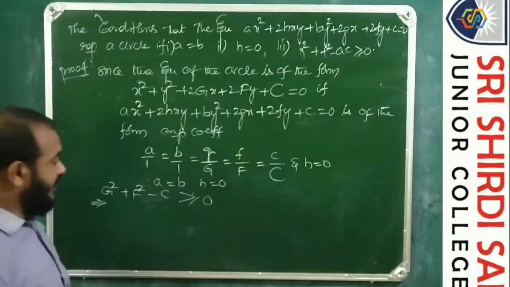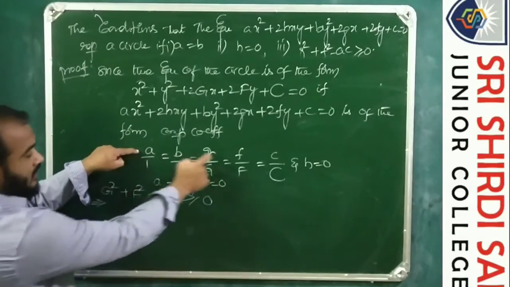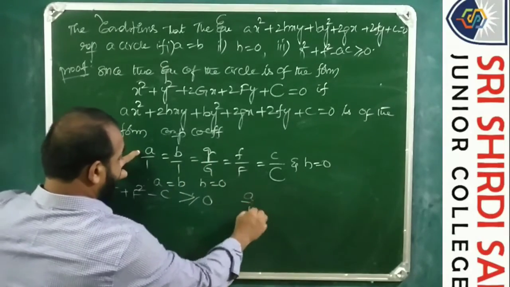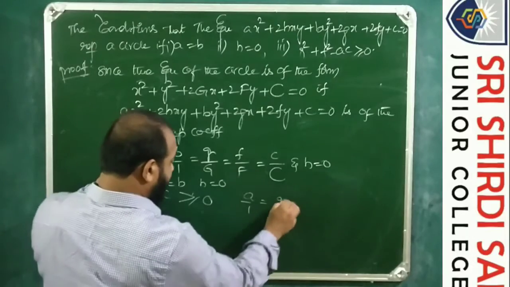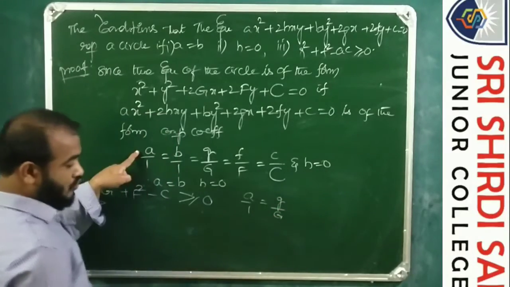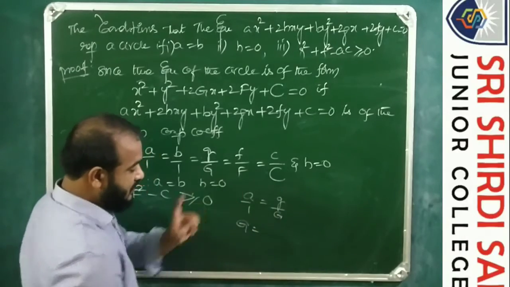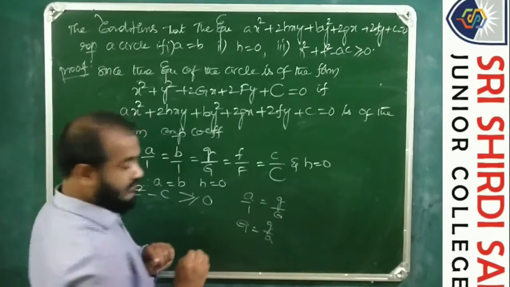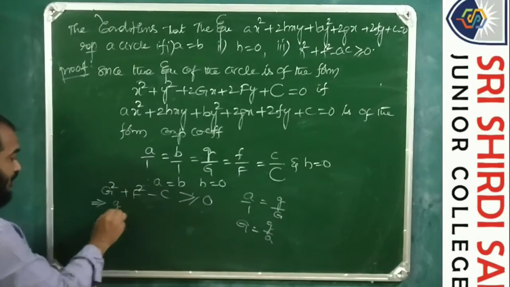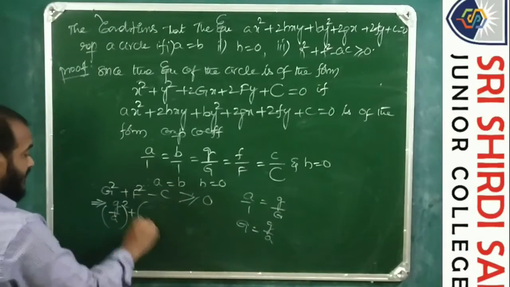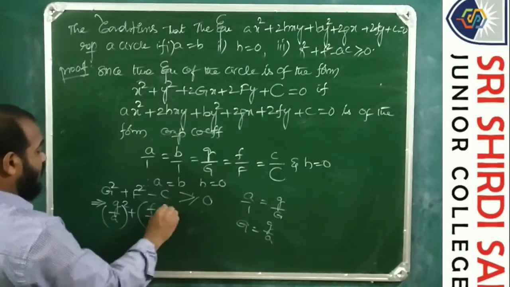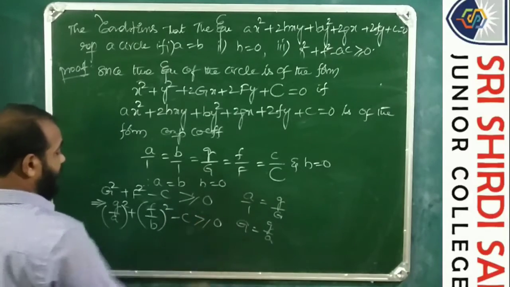So if you compare these two, a by 1 is equal to g by capital G. So from this, capital G is equal to g by a. So from this, g by a whole square plus likewise f by b whole square minus c is greater than or equal to 0.